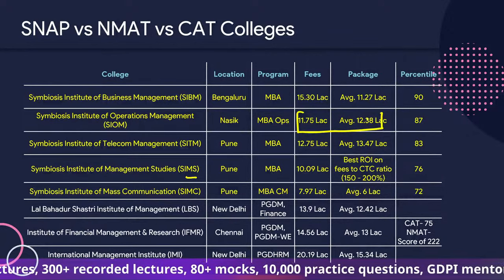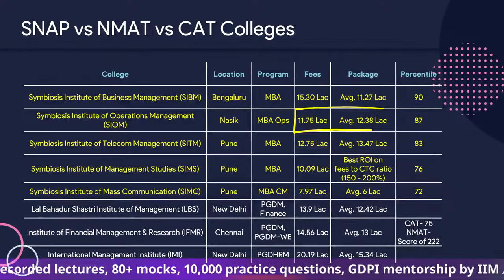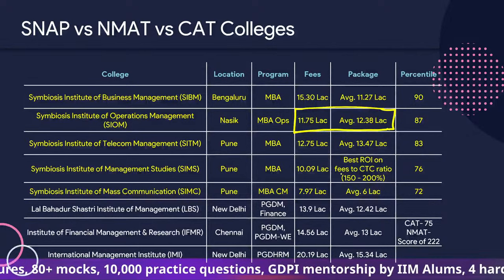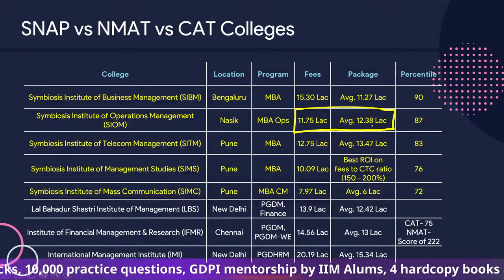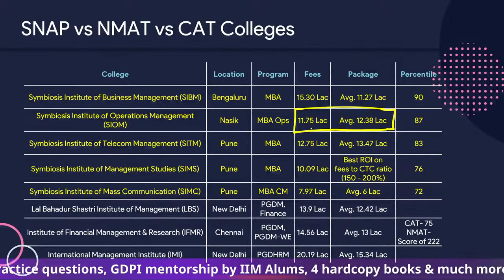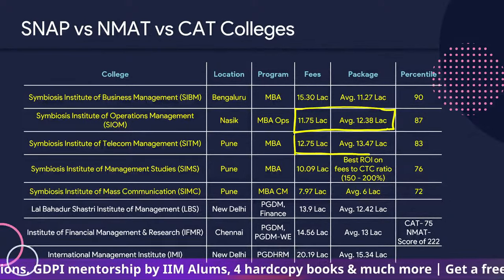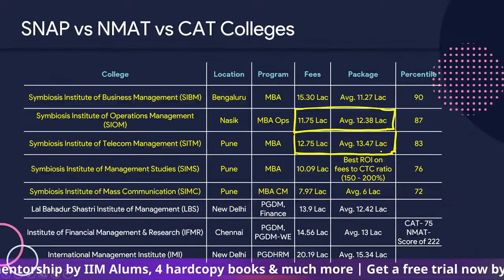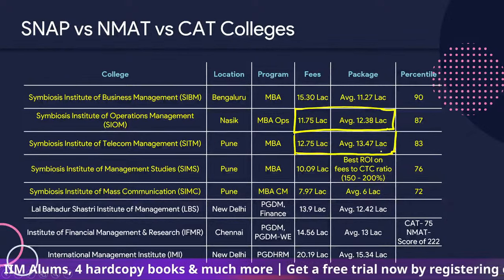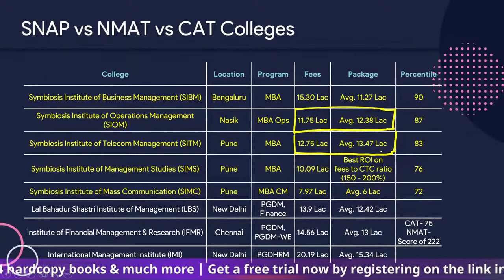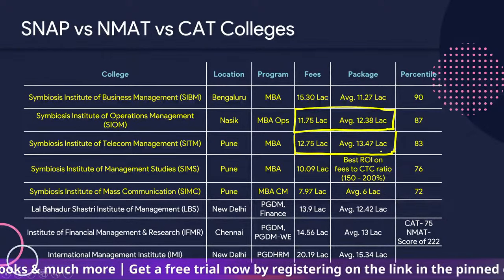SIOM, ऑपरेशंस मैनेजमेंट, आपकी फीस 11.75 है 2 साल की, और आपकी पैकेज एवरेज उससे ज्यादा है. सिमिलरली if I look at SITM, IT वाला, टेलीकॉम, IT as in not IT, टेलीकॉम मैनेजमेंट, इलेक्ट्रॉनिक्स एंड IT.